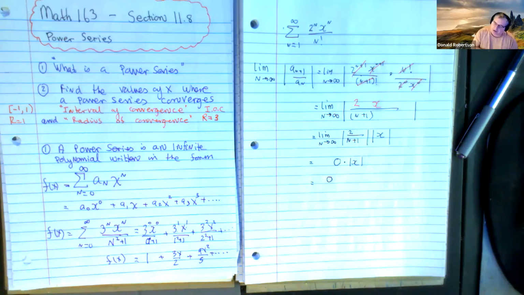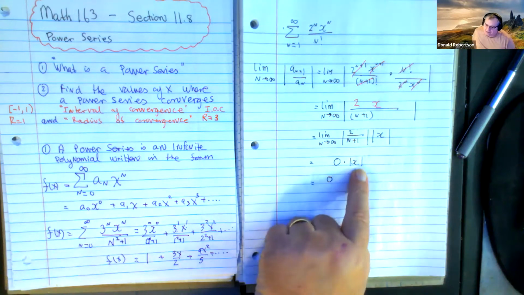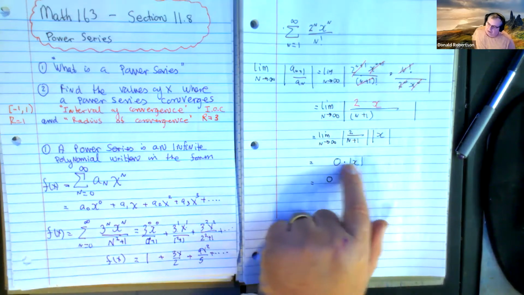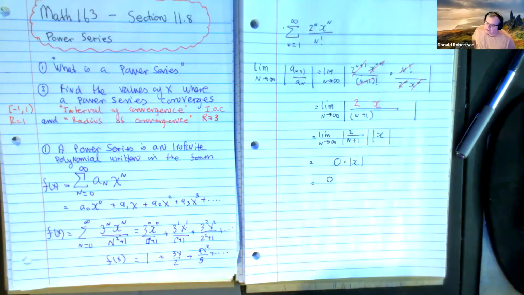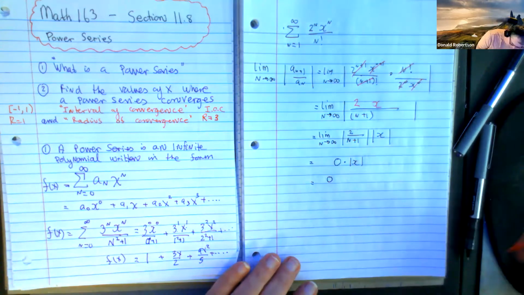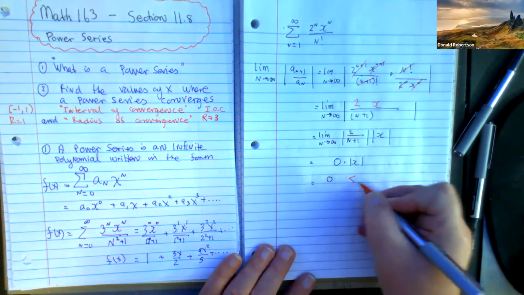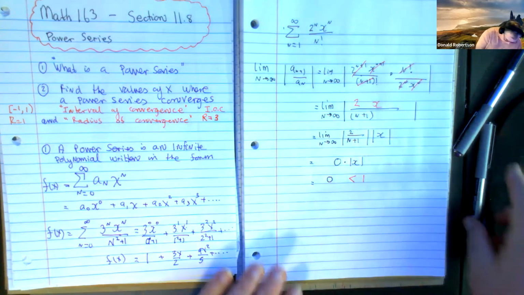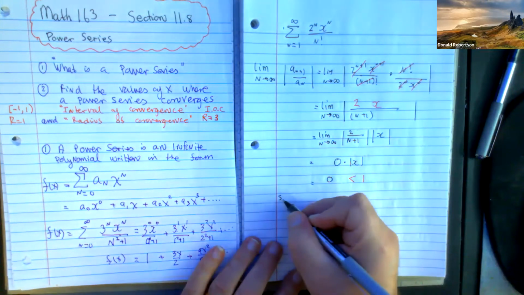And it doesn't matter what value x is, right? If x is 7, isn't 0 times 7 still 0? And if it's a billion, 0 times a billion, it's still 0. And that's quite a cool version, because isn't 0 less than 1? And according to the ratio test, the series will converge.